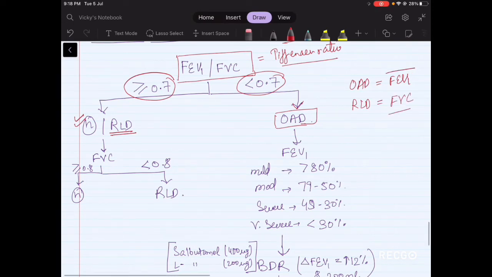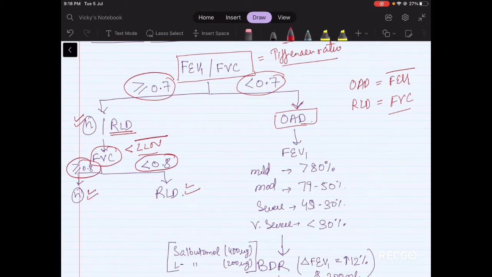So coming to normal versus restrictive lung disease, we take the FVC. If FVC is less than lower limit of normal, and in our general calculations we use lower limit of normal as 0.8, so if it is less than 0.8, then it is restrictive lung disease, and if it is more than or equal to 0.8, then we assume that the patient is normal, right?